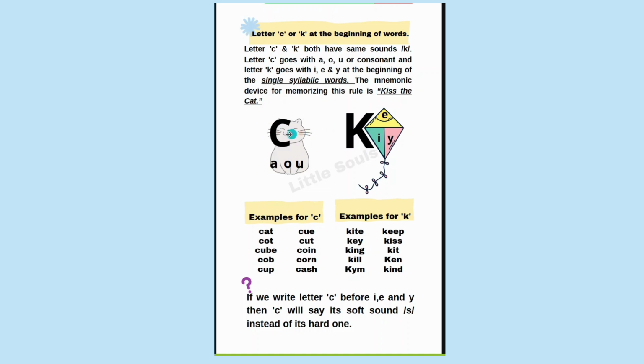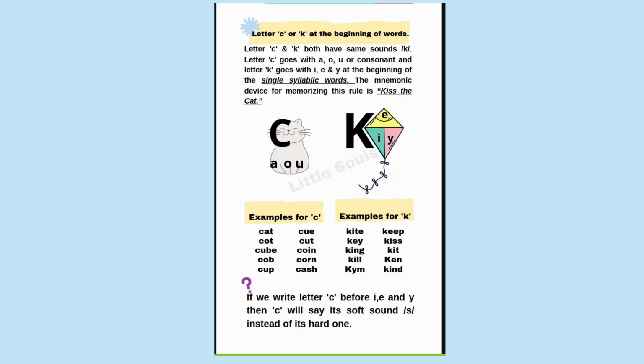So the letter C goes with A, O and U, and letter K goes with I and E, also with letter Y. When you hear the words cat, kite, see, the initial sound is the same, k, k, k.